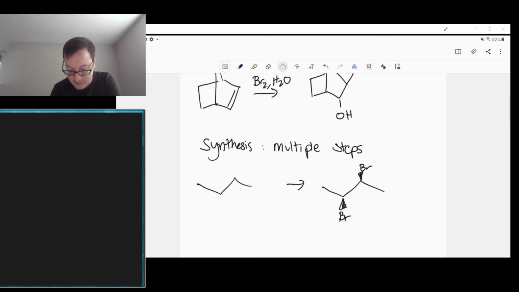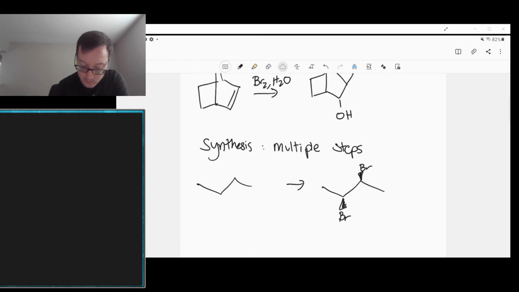So when it comes to synthesis, generally we do this backwards. We analyze our product and then figure out ways to make it, and then see which one our starting material can fit with.